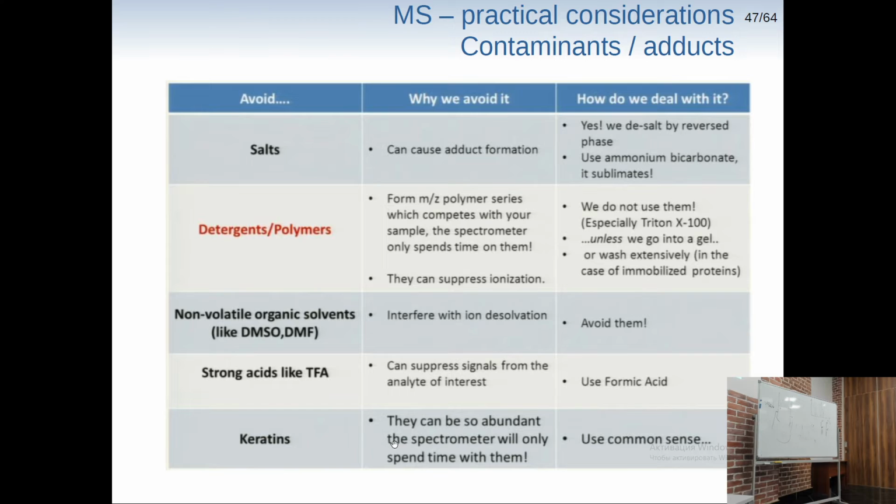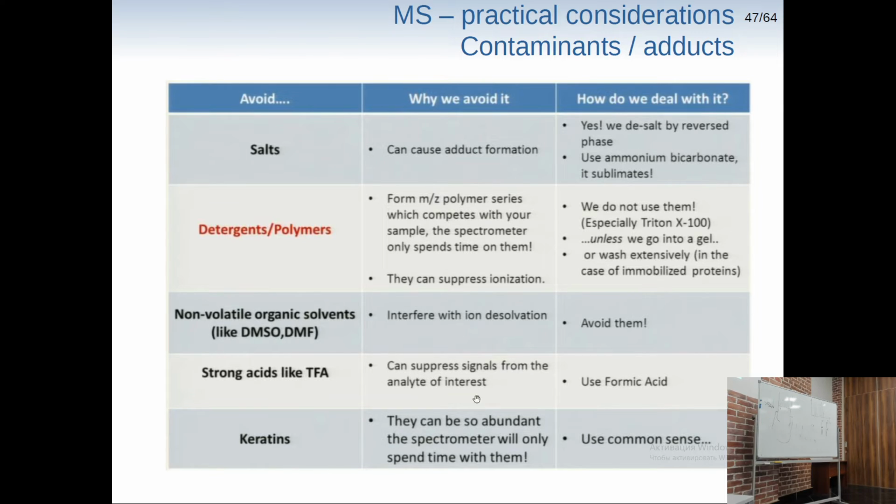Also, if you are making your sample by yourself, we've already discussed that there are some things that we should avoid, like salts, detergents, something that will not be able to evaporate, and some contaminants like keratin.